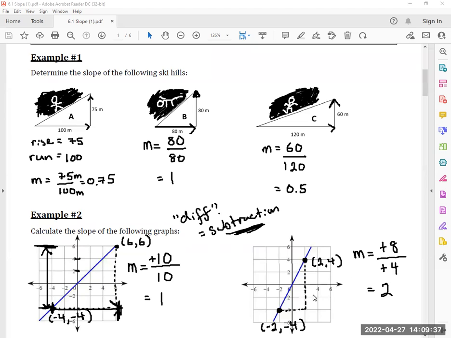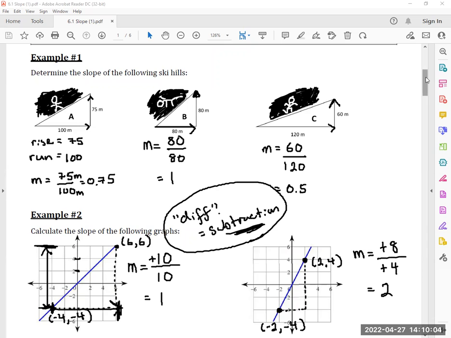Here's the thing. What if we didn't have a graph? Does that mean we're stuck because we can't count boxes? Again, what we're doing with the graph is a subtraction. You just didn't really see it yet. Or maybe you do. I'm not sure. But whenever you are in doubt, you can use a formula that I have for you on the next page. The key idea is this.